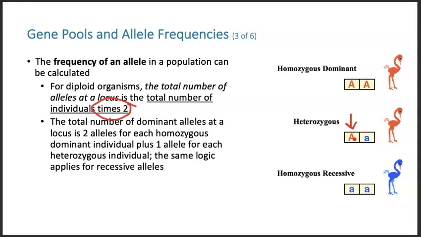I can do the same thing if I want to calculate the number of recessive alleles. I'll take the number of homozygous recessive individuals and multiply that times 2. And then I will take the number of heterozygous individuals and multiply that times 1, because again, there's only one recessive allele in those heterozygous individuals.